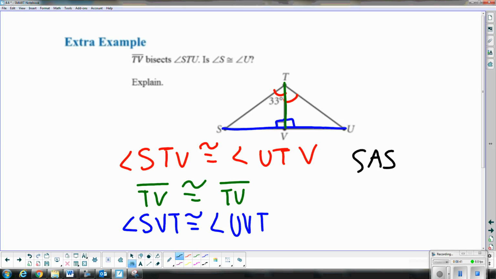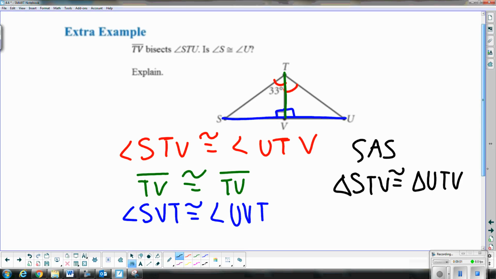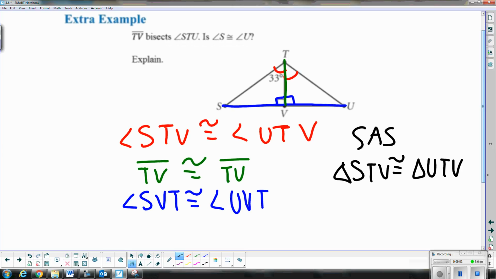So this tells us that triangle STV is congruent to triangle UTV. And again, make sure that your corresponding parts match up. S and U are corresponding, T and T are corresponding, V and V are corresponding. So make sure that those match up as you write your congruence of triangles.